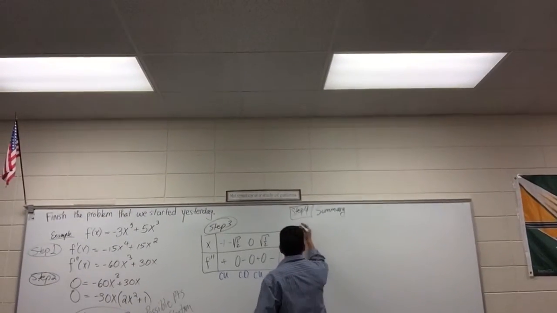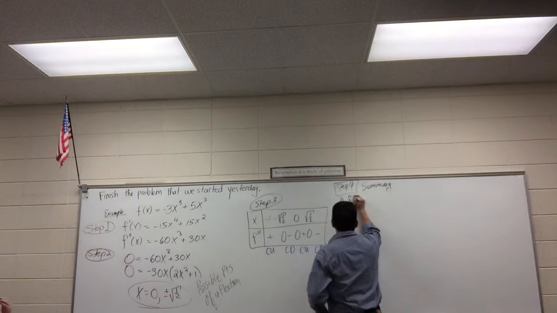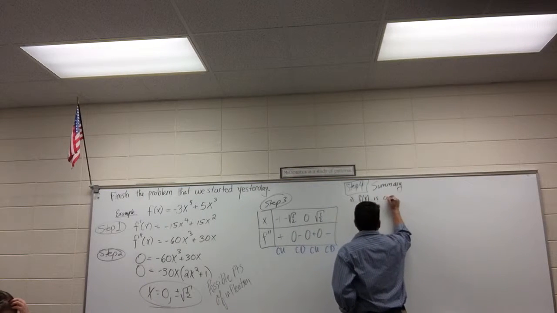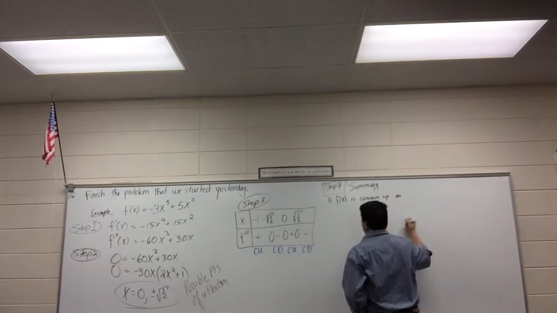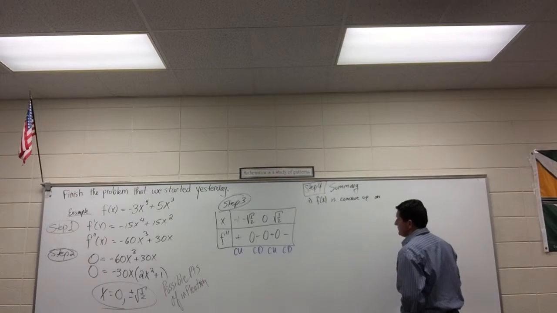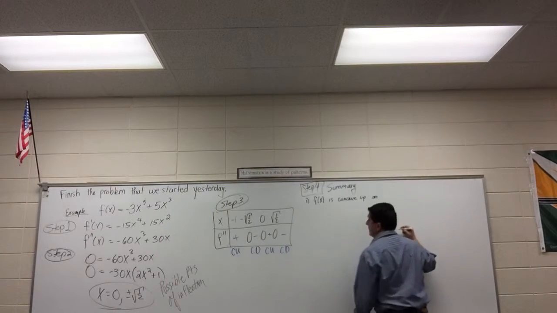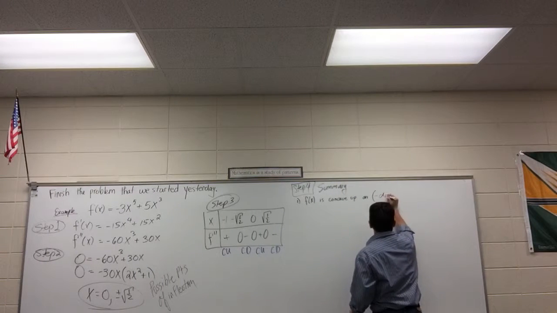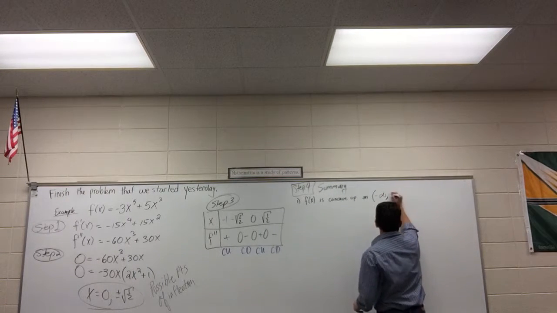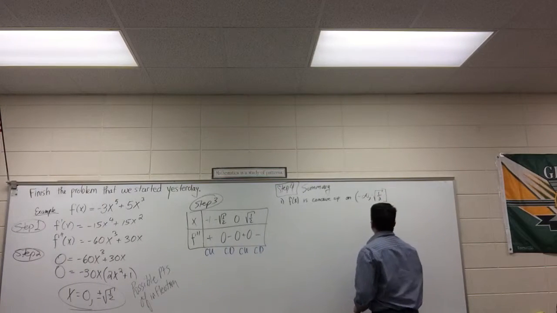So we're going to say, first point, f of x is concave up on, now what are my intervals? So I need this interval and I need this interval. There's no restriction on the domain, so it's from negative infinity up to and including negative square root of 1/2.